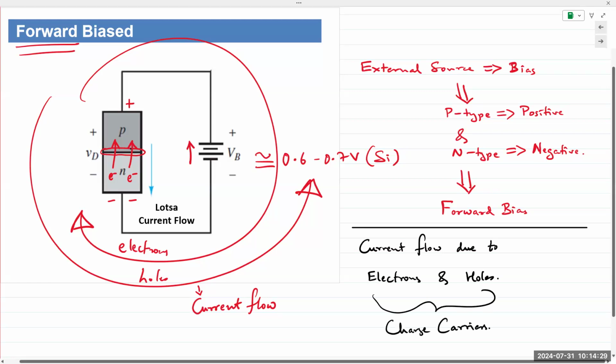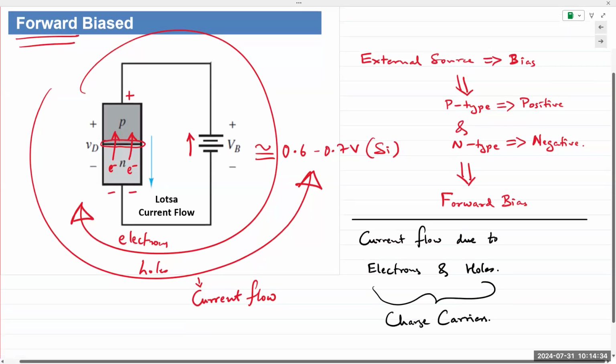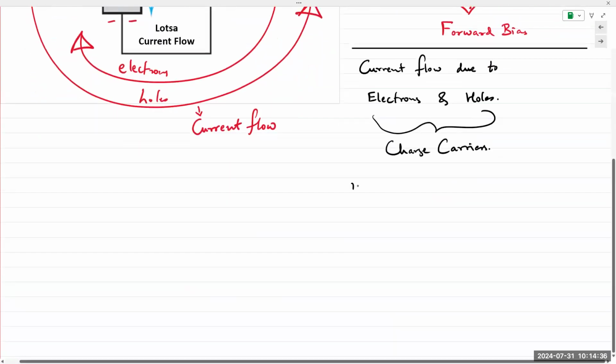In a p-type material, you have an excess of holes. So the term we use is majority and minority charge carriers. In a p-type material, the majority are holes and minority are electrons.